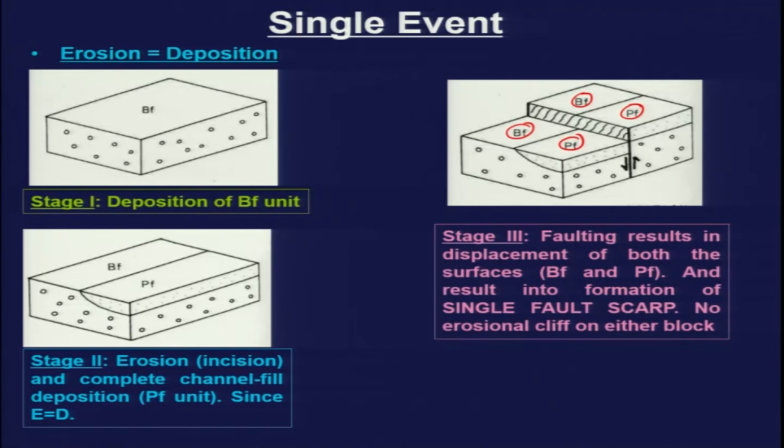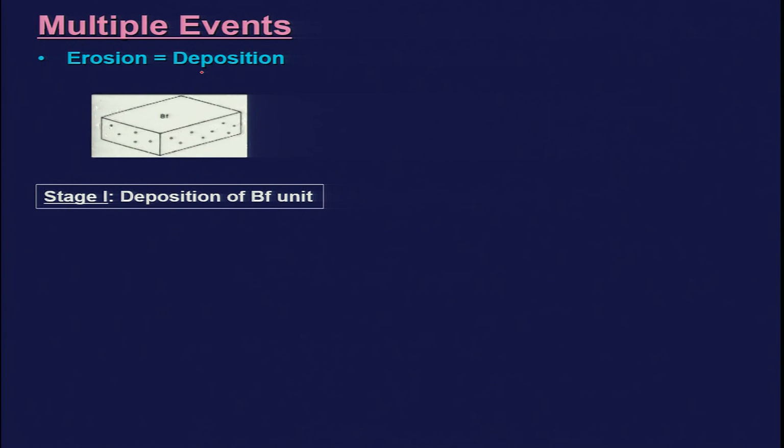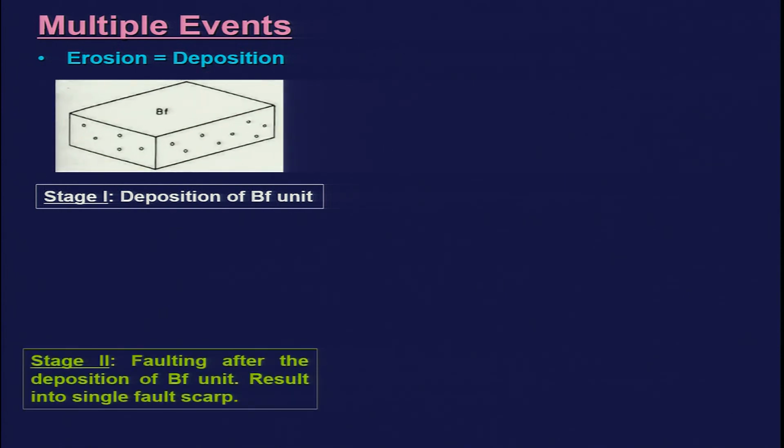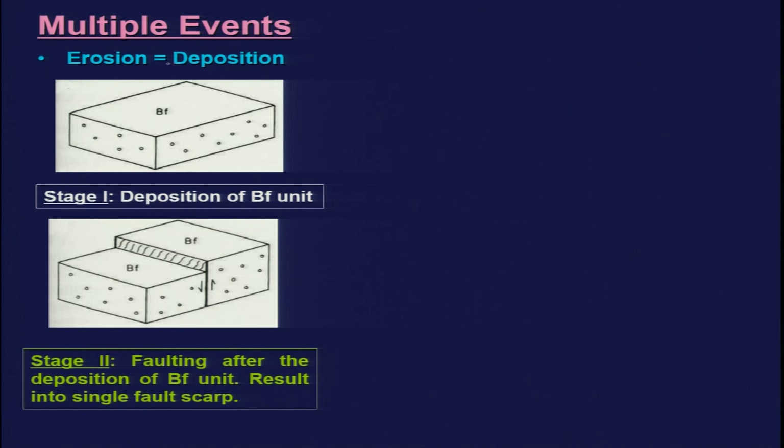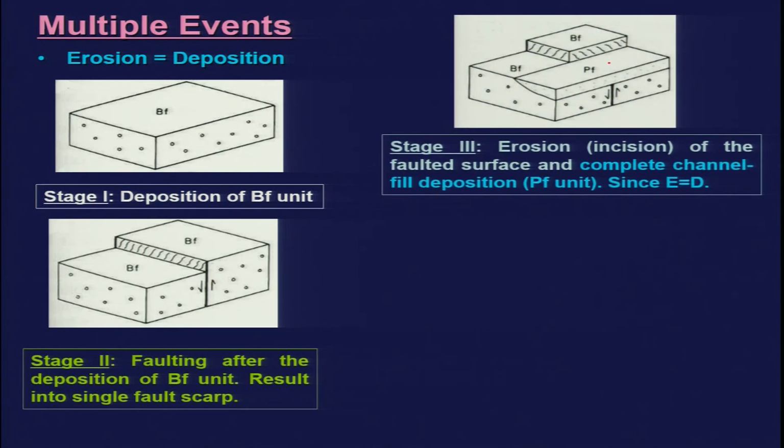So, this is the case in the single event, when we are having erosion equal to deposition, both are equal. So, again if we look at multiple events and we keep the process similar, like erosion is equal to deposition, then again we deposit unit BF, and then the erosion is equal to deposition, but before that we had one faulting here, so whatever erosion has occurred has been covered, but this part is because of the faulting, okay.